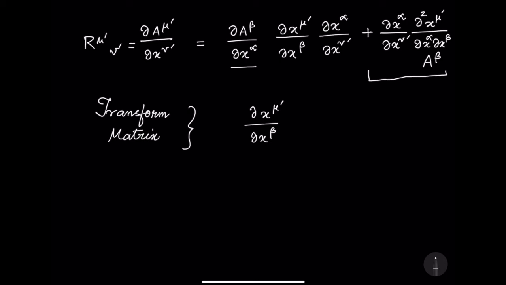If the transformation matrix depends on the coordinate, then this is non-zero. Now we can see explicitly when this is 0 and when this is non-zero. When the transformation matrix depends on the coordinate, then you know that your unit vectors will change, so everything is consistent. So this R mu nu or R alpha beta is not a tensor. So doing a derivative of a vector, we do not get a tensor.